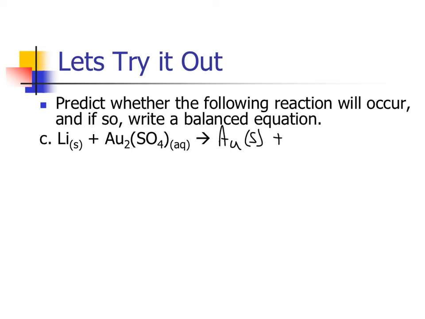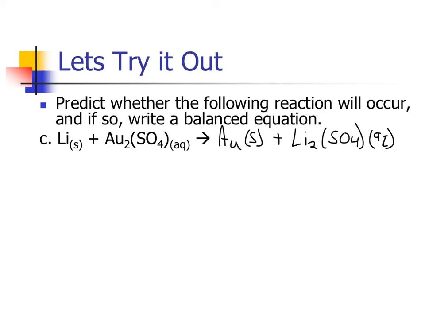Again, paying attention to those charges, lithium is in group 1, therefore it has a positive 1 charge. Those charges don't match up, so we crisscross, and put our SO4 like so, and that is an aqueous solution.